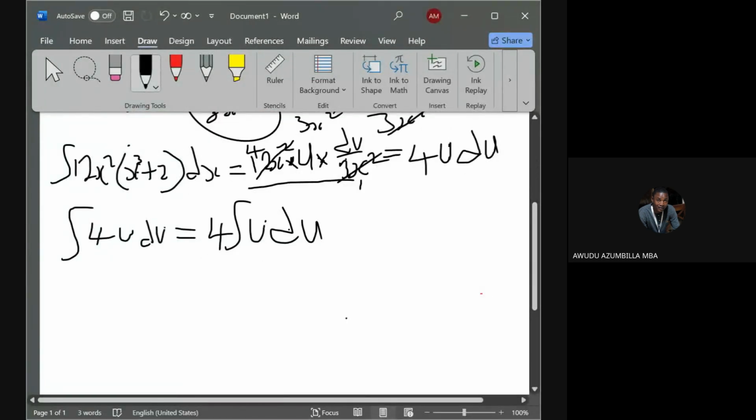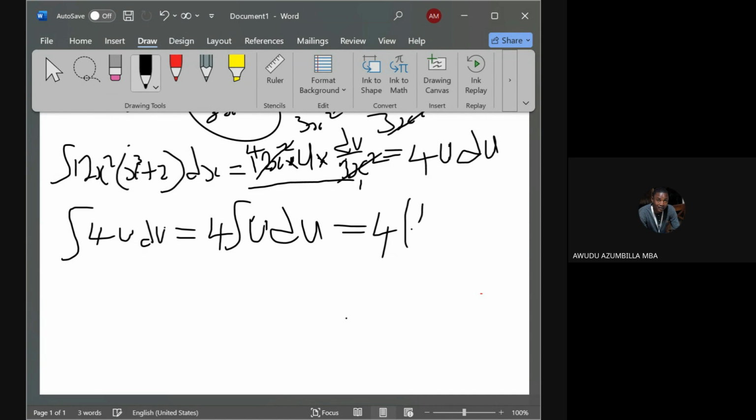Okay. Now that we have this here, what we need to do is integrate this one. So that is why the integral sign is there. If we integrate this one, remember it's du, so the du vanishes, and then we integrate only this. What we are going to get is 4, bracket, we'll integrate this one.